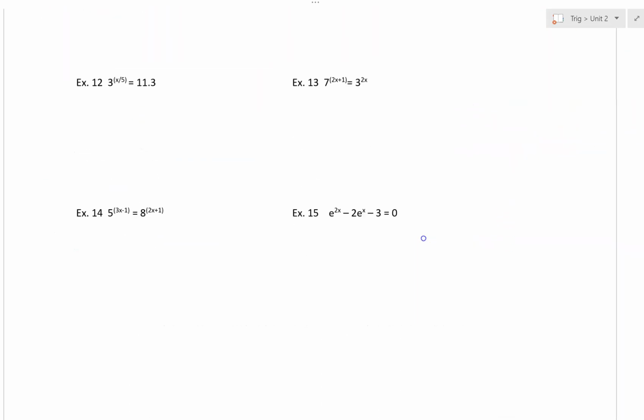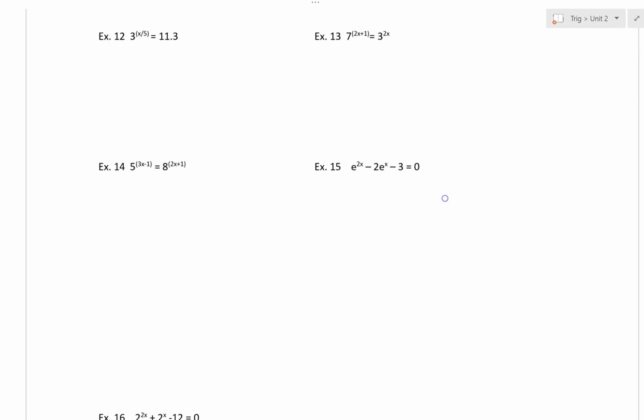All right, for this next section, we're looking at solving these same things here. So we're going to take one each kind of at its own pace, and we'll just go through them. Okay, so this one, the exponential is by itself, so I don't need to do anything there. I just need to rewrite it.